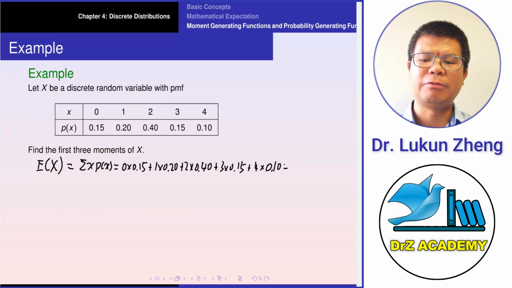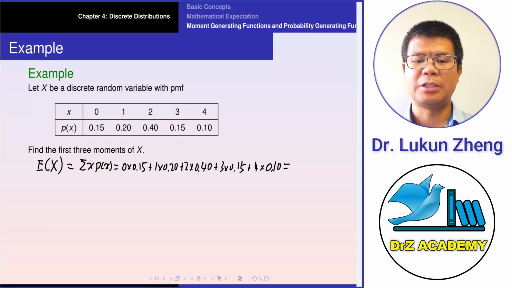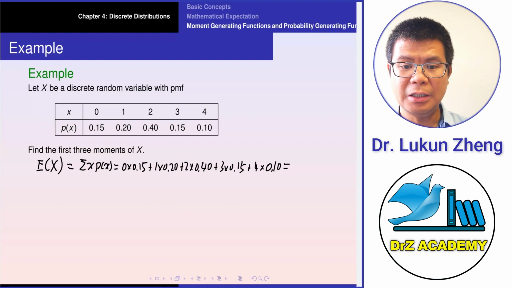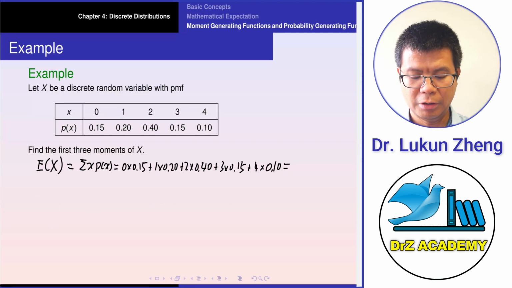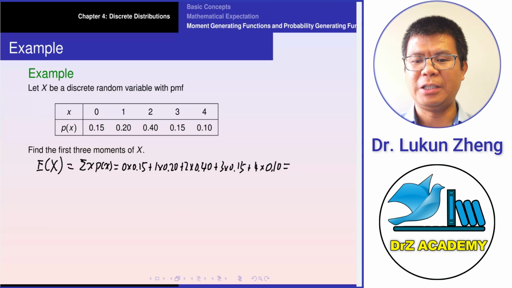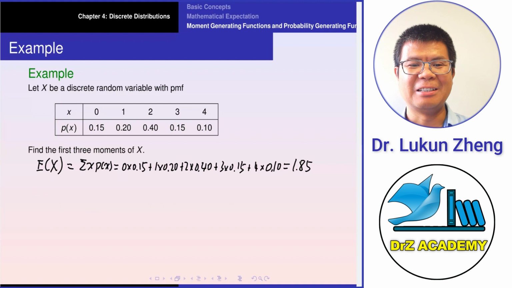Okay, so let's find this one here. It's going to be 0.2 plus 0.8 plus 0.45 plus 0.4. Okay, so 1.85. That is the first moment.